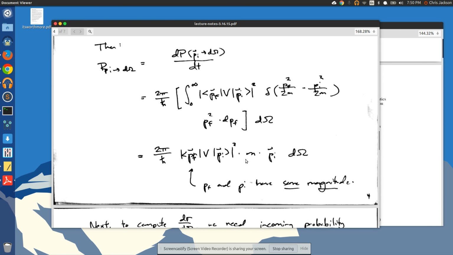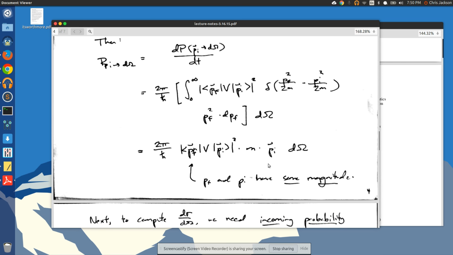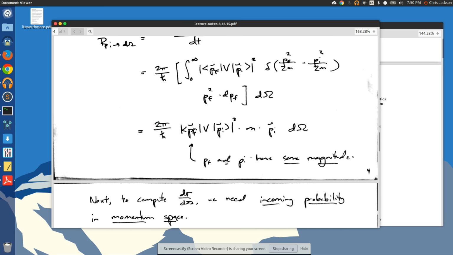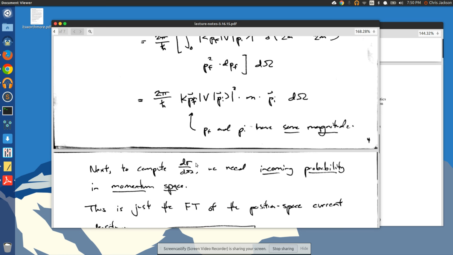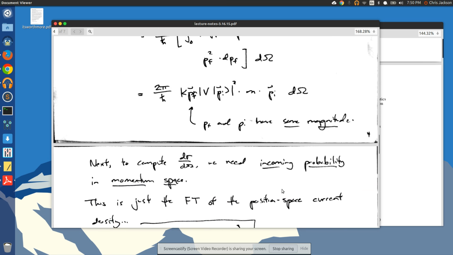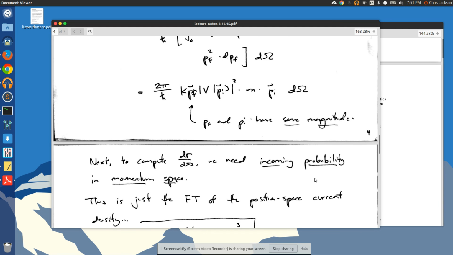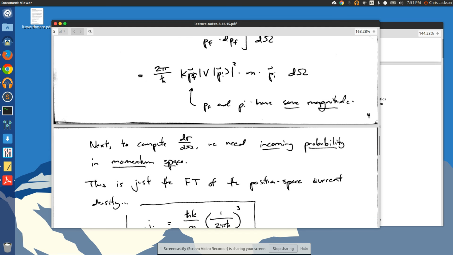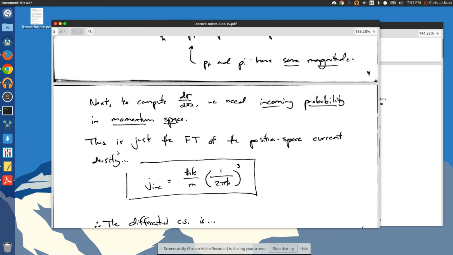Okay, so we've got our rate, right? The rate that particles are scattered into our detector using Fermi's golden rule. And we know that if we want to compute the cross-section, we need to know not only that rate, but we also need to know the incoming probability, right? And now we're dealing in momentum space, so we've had to use the Fourier transform to write this incident current in momentum space, right?